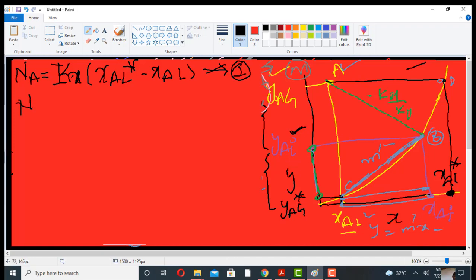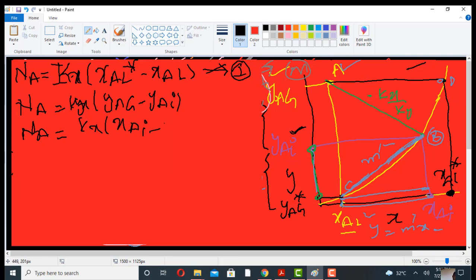Similarly, we also know that Na is equal to Ky, Yag minus Yai. We also know that Na is equal to Kx, Xai minus Xal. Equation 2, equation 3.